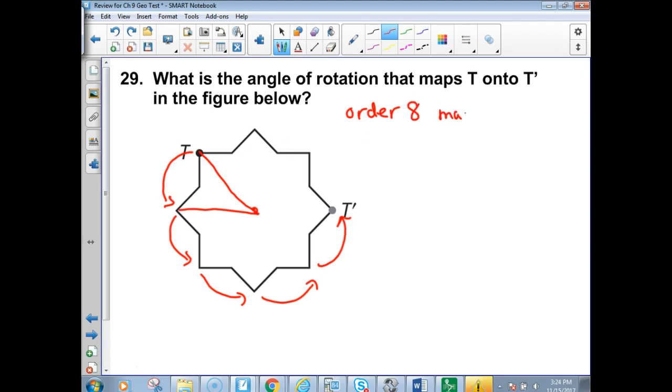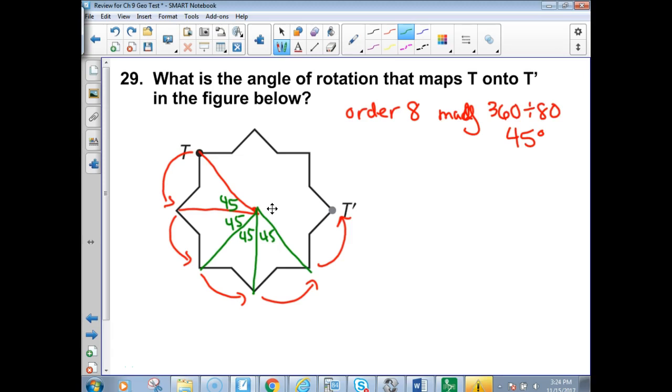So the magnitude of one turn is 360 divided by 8, which is 45 degrees. Okay, so that means that every angle of rotation is 45. How many 45s are we going? We're going all the way from there to there to here.